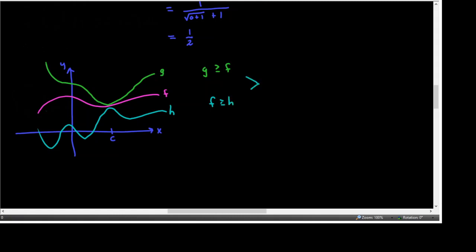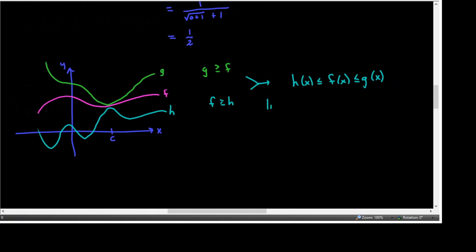So putting these two ideas together means that h of x is always less than or equal to f of x, which is always less than or equal to g of x. And our supposition here is that both h and g are well behaved. We know all about them, and we know how to deal with them and find their limits.